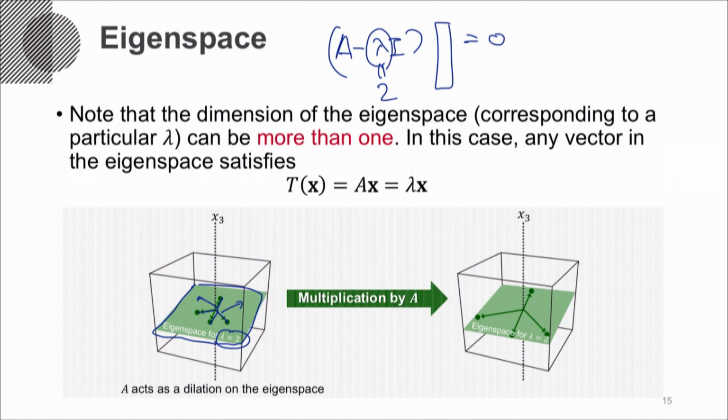Each vector in this eigenspace should satisfy this relationship. Thus, if the vector was this vector, the direction will not change, but the length of the vector will be scaled by 2. And this vector will also be scaled by a factor of 2, but the direction will remain the same. This is a property of all the possible vectors contained in this eigenspace.